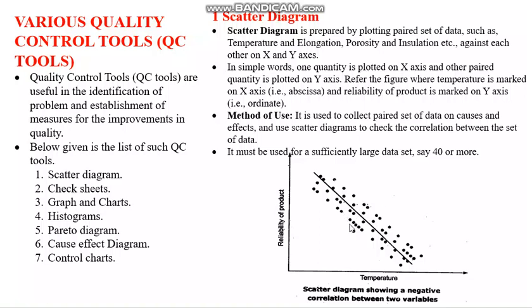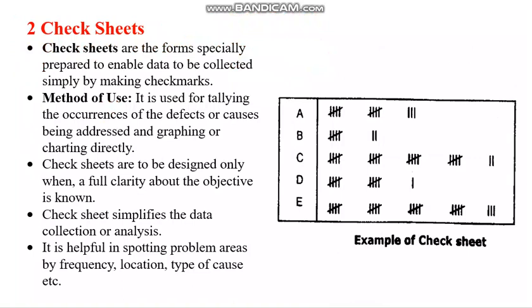If you have hundreds, it's fine, you can use it. But for a few numbers we cannot use this scatter diagram. So you will know the dependency of one parameter upon another, how it changes with respect to that parameter. Now the second tool here is the check sheets.